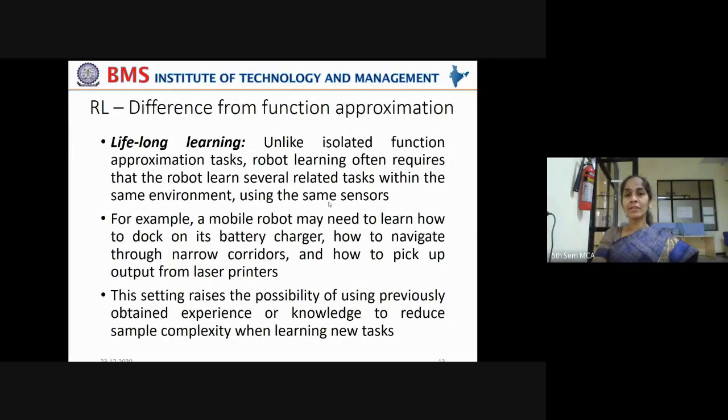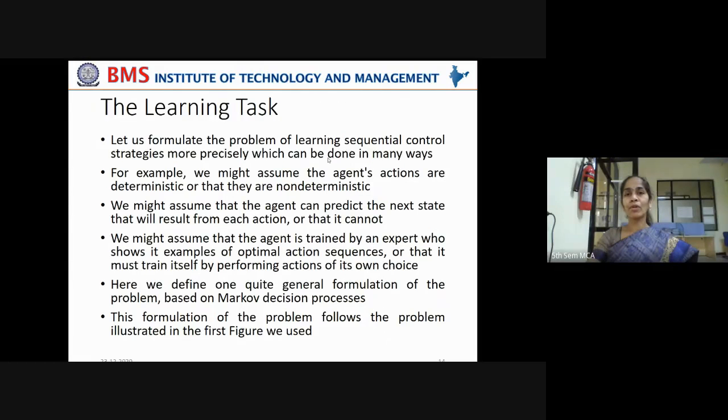In such cases, how to learn driving on those sloping areas by using the experience that it has derived by driving on highways, state highways and national highways. So the knowledge of driving is used in this new learning process in order to learn how to drive on hilly areas. That is called lifelong learning, which is an inherent feature of reinforcement learning.